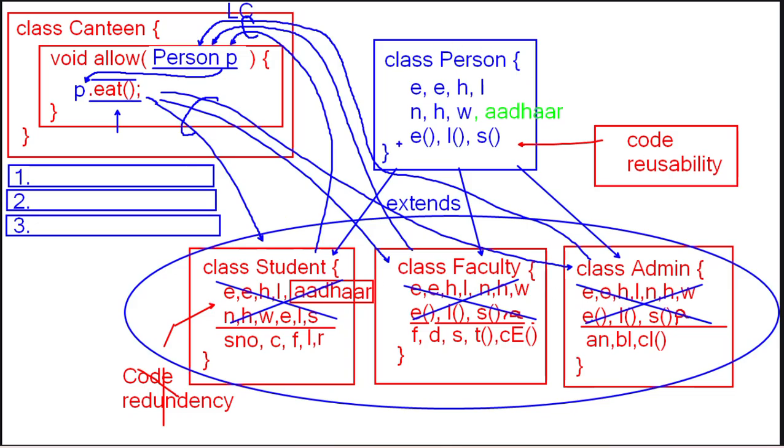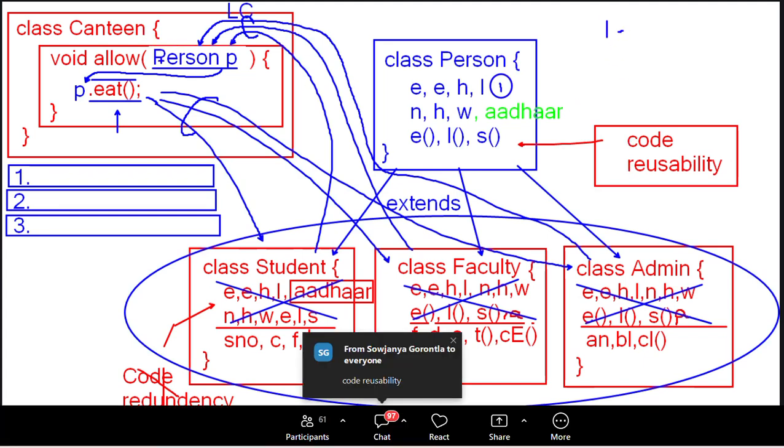Now, if I develop inheritance, what are the advantages? The common variables and methods you create one time, common to all subclasses. Then what is the advantage? Code reusability. You take the user class method parameter as the super class type, so that it can accept any subtype object and change from one subtype to another subtype. That feature is called what? Loose coupling.